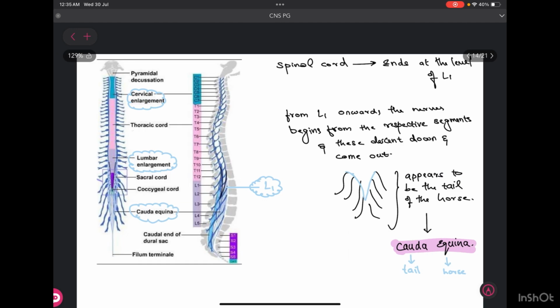Next, the spinal cord ends at the level of L1, right? And from L1 onwards, the nerves begin from the respective segments, descend down and come out.